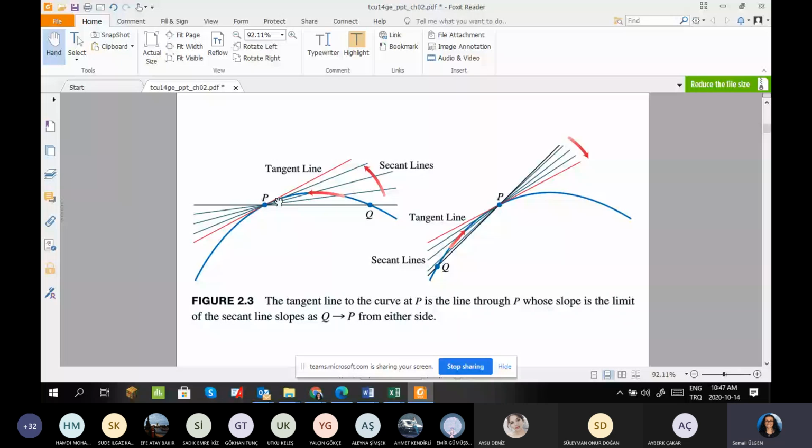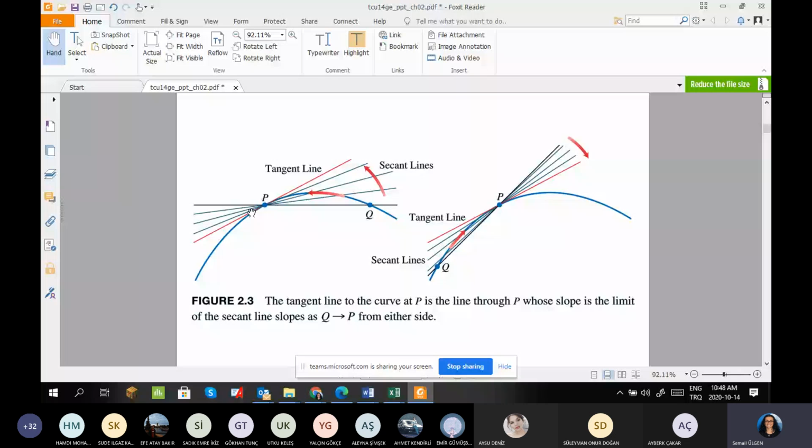I look at where these average speeds approach, and the value they approach is going to be the instantaneous speed at the point P, which is the same as the slope of the tangent line. But why is that? Let's see why it is the slope of the tangent line.